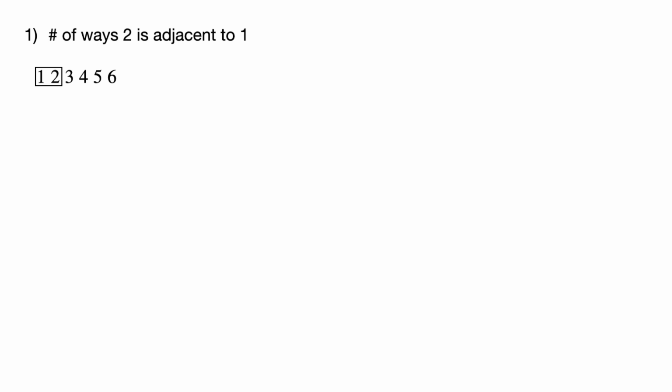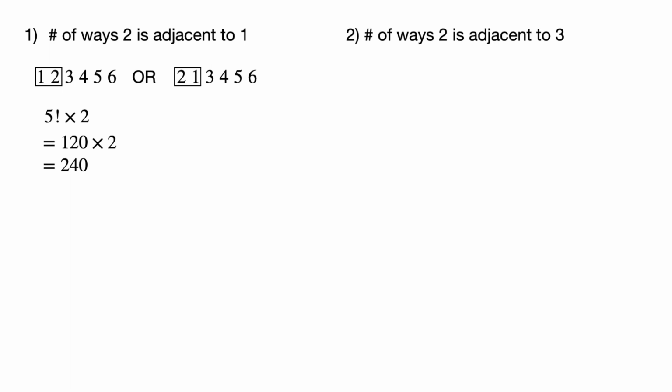Following the same logic as how we would arrange the 6 objects, we know that it will be 5 factorial. But wait, 1 doesn't have to be to the left of 2. It could also be to the right of 2. So we multiply that by 2 because there's 2 ways that this could happen. Simplify and get 240.